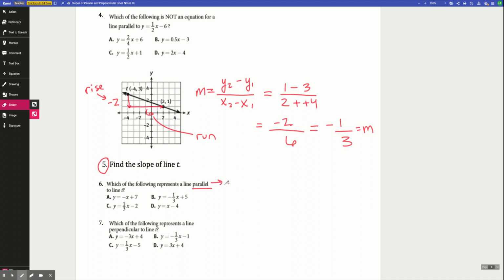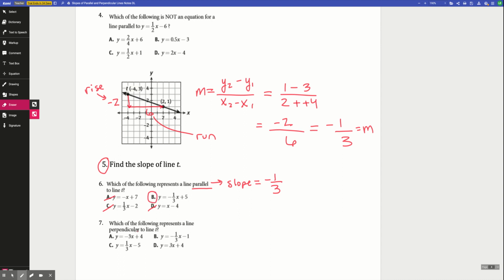So if they are parallel, then the slope of the line has to equal negative 1/3. Okay, so if I look, option A has a slope of negative 1, so that's not right. C has a slope of positive 1/3, so that's not right. D has a slope of positive 1, again, not right. And option B here has a slope of negative 1/3.